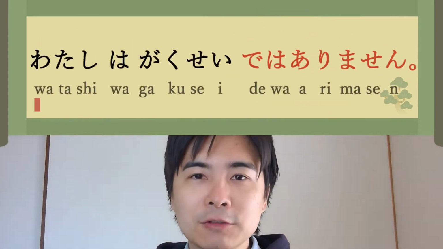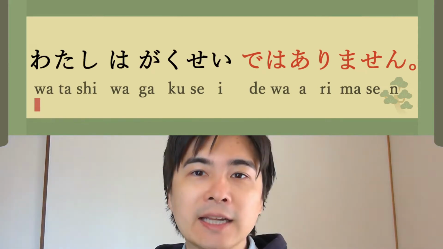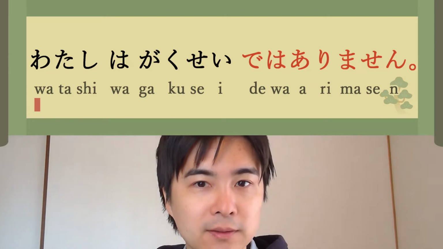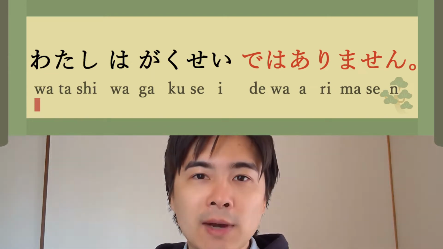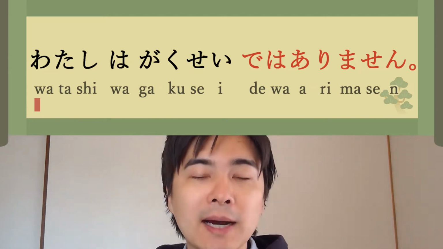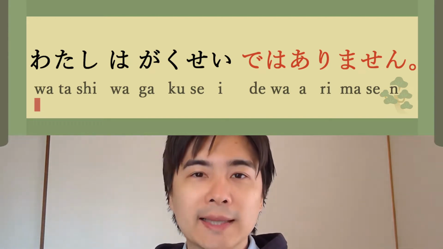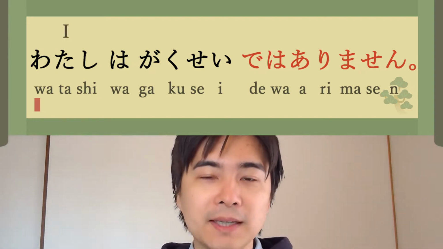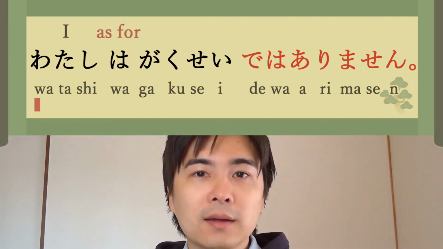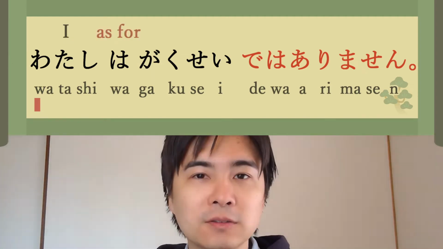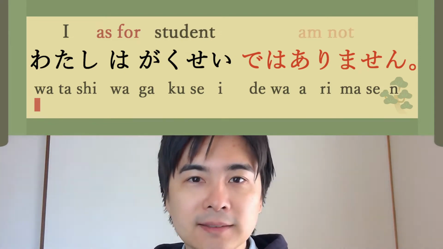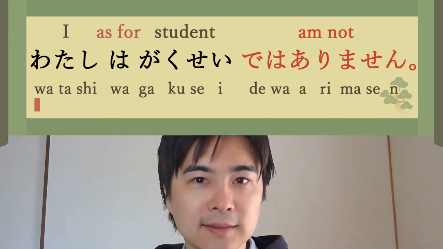For example, if we say 私は学生ではありません, it means I am not a student. 私 means I. は means as for. 学生 means student. And ではありません means I'm not in this case.